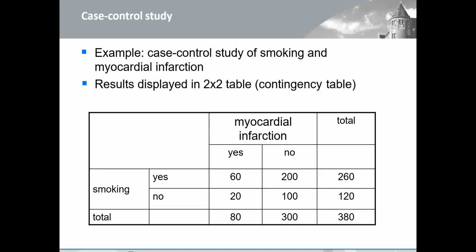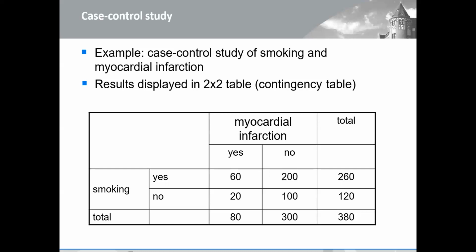This is an example of a case control study where our cases were those with myocardial infarction, and our controls those without myocardial infarction. Our exposure in this case was smoking. Those with myocardial infarction who smoked were 60. Those who smoked but didn't have myocardial infarction were 200.